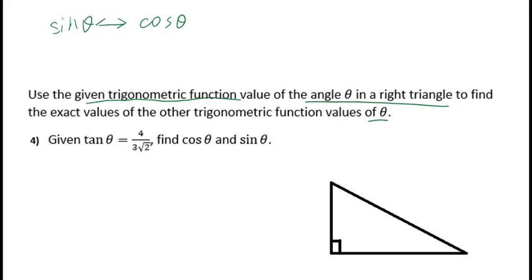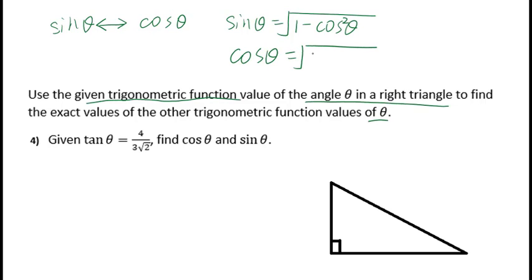Or you are given cosine theta, how to get the sine theta? We got to use sine theta equals square root of 1 minus cosine squared theta. For cosine theta equals square root of 1 minus sine squared theta.